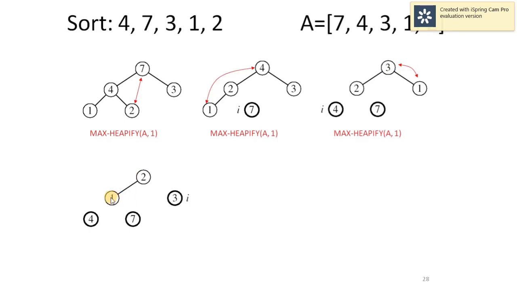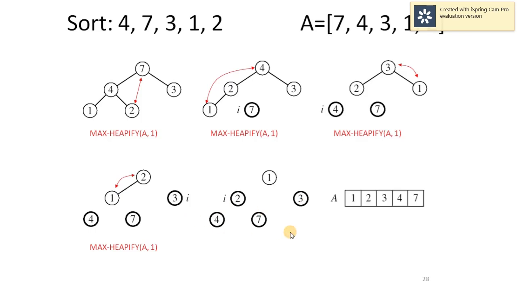So we will get this structure. Again, the last element of the heap will be swapped with the root, reduce the heap size by 1, and then we have to stop. So when we write these values in the array, we will have something like this: 1, 2, 3, 4 and 7.